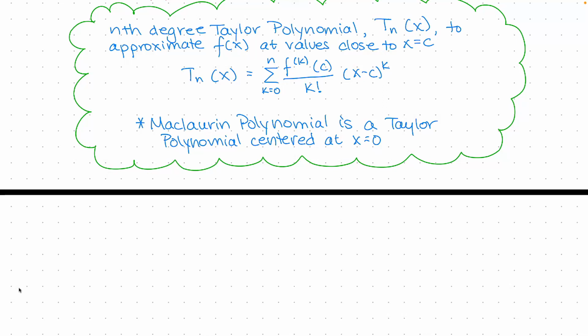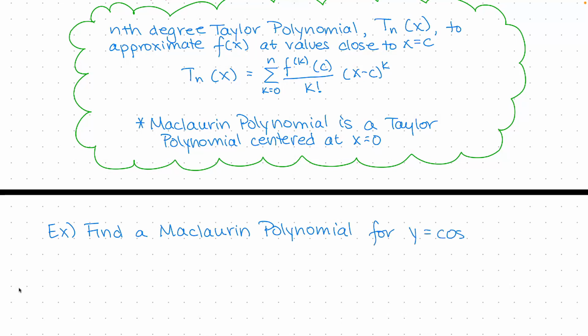All right. So I'm not going to ask if there's any questions, because I'll bet there are. So let's just do an example. Find a Maclaurin polynomial for y equals cosine x.